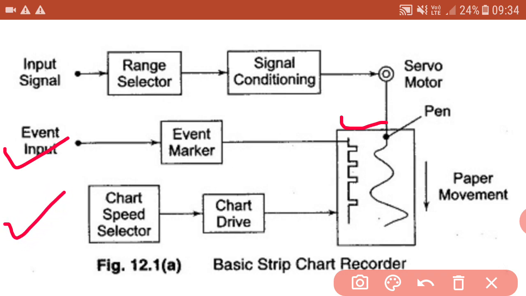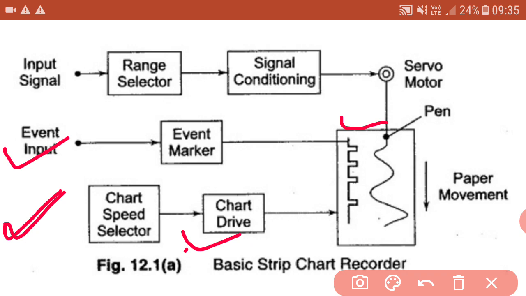Another component we have discussed is the chart speed selector. The chart speed selector output is given to the chart drive, and the chart drive is directly connected with the paper movement.